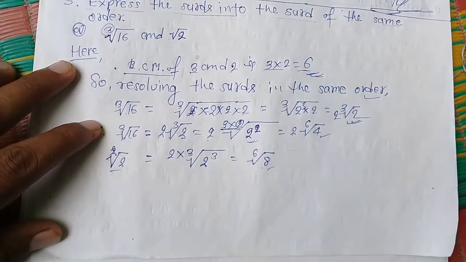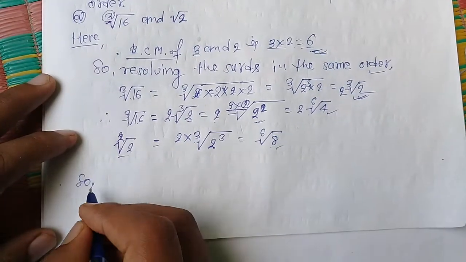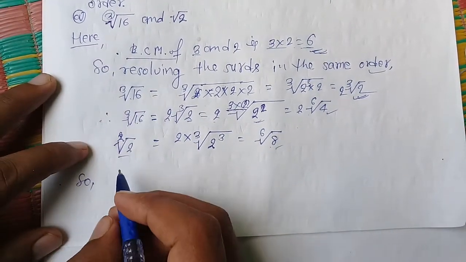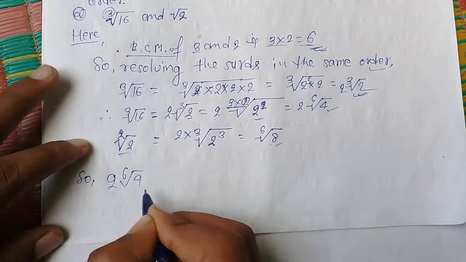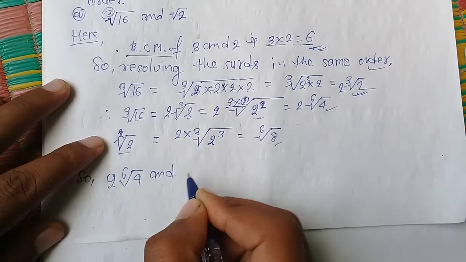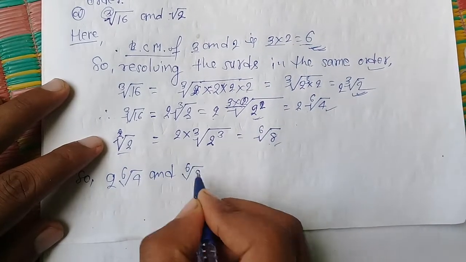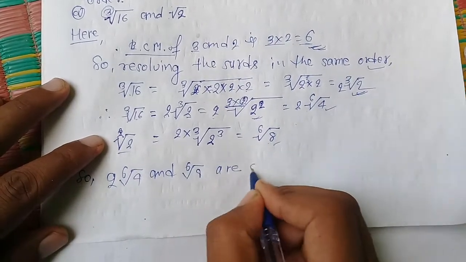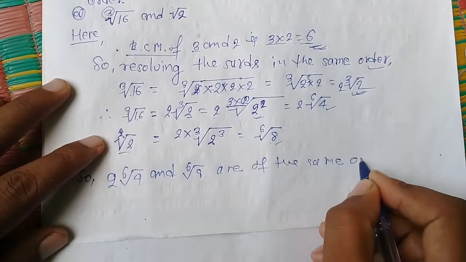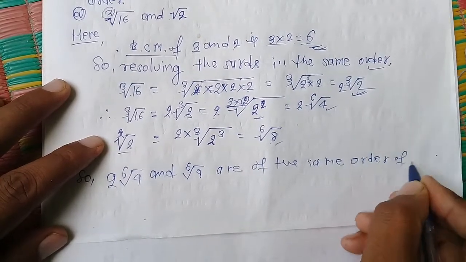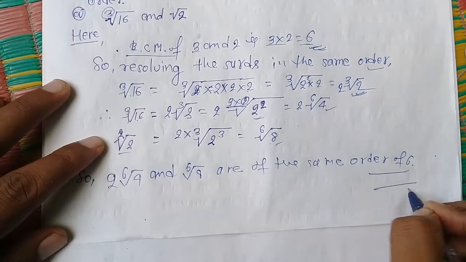So the sixth root of 4 and the sixth root of 8 are of the same order, of 6.